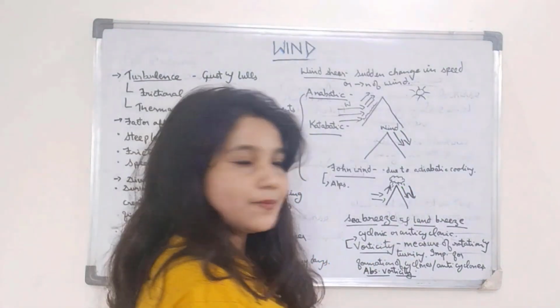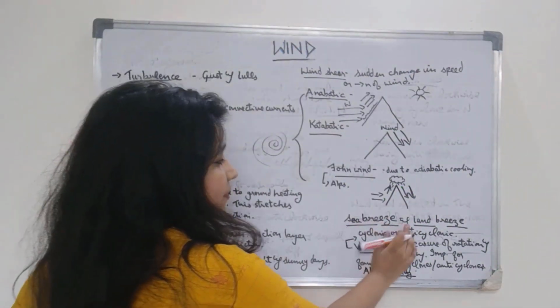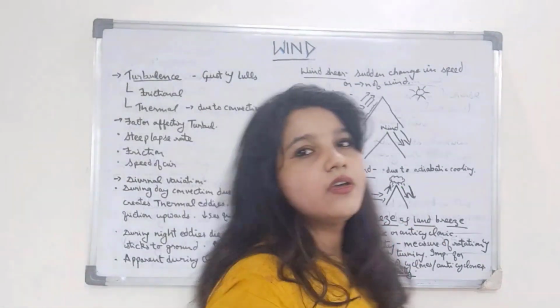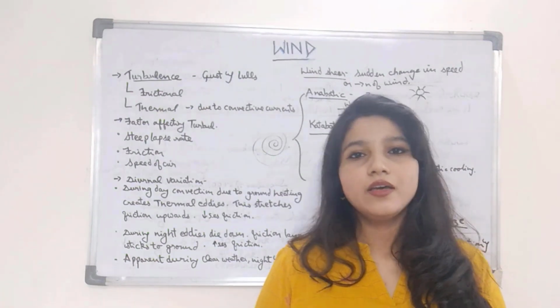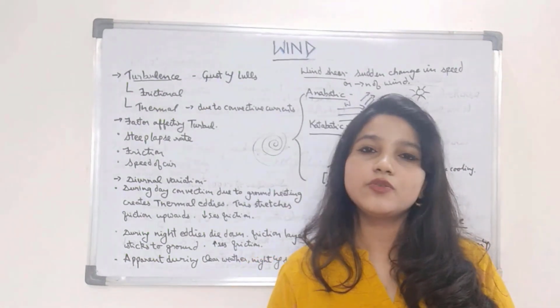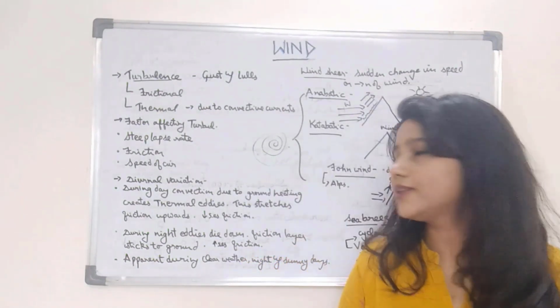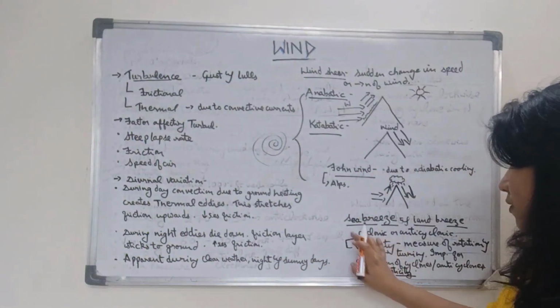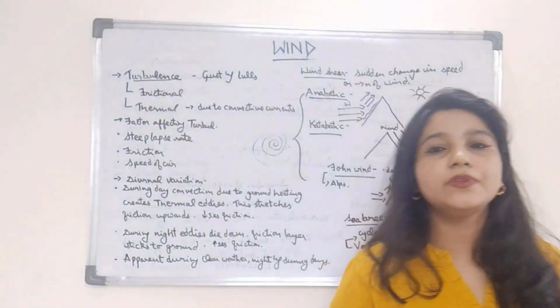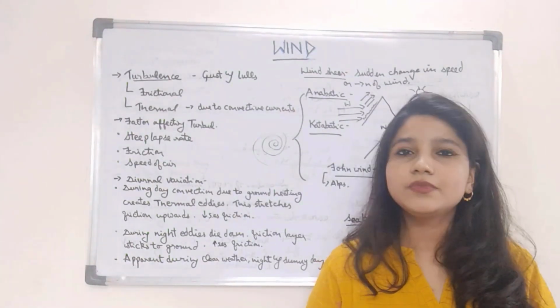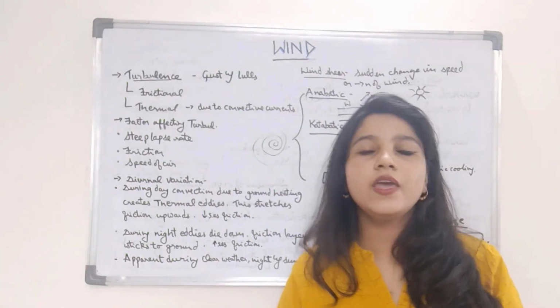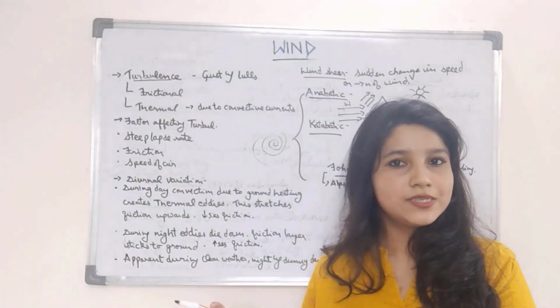Okay, simple. Then we have sea breeze and land breeze. The breeze which comes from sea to land is called sea breeze, and the breeze which goes from land to sea is called land breeze. In sea breeze, what happens during daytime? When land becomes hot, the air moves upward and then moves towards the sea.